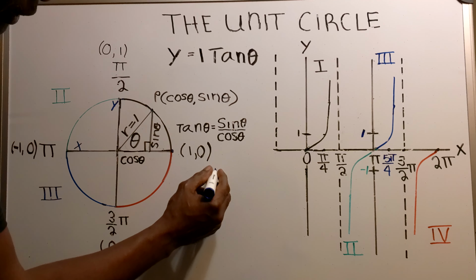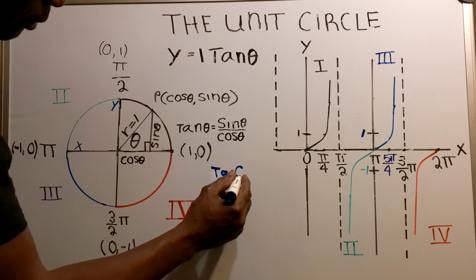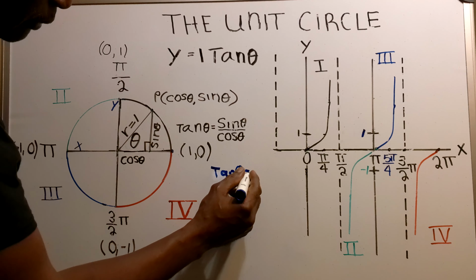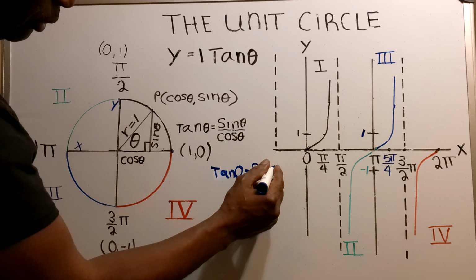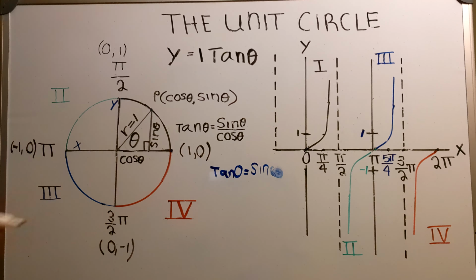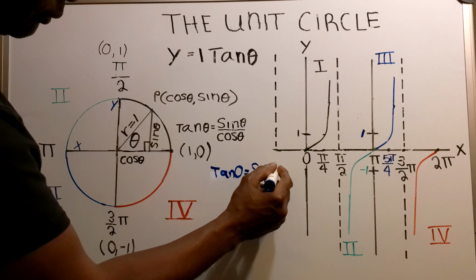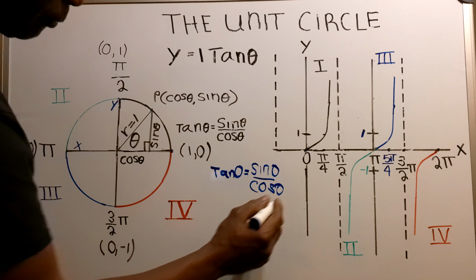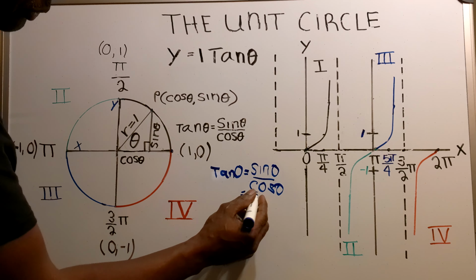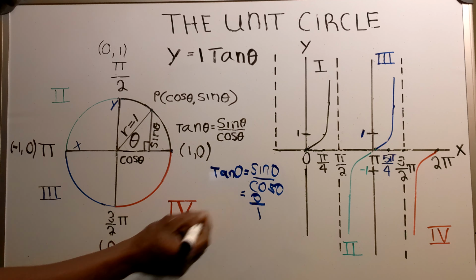So what you have here is tangent 0 equals sine 0 divided by cosine 0, and that equals 0 over 1, and 0 over 1 equals 0.